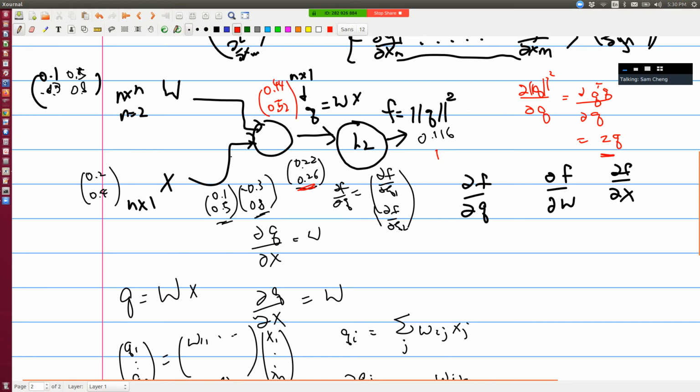Basically, this is 2q, the local derivative, multiplied by this, and I got this one here. Then if I want to pass back to get the partial derivative of f with respect to x, what will it be?